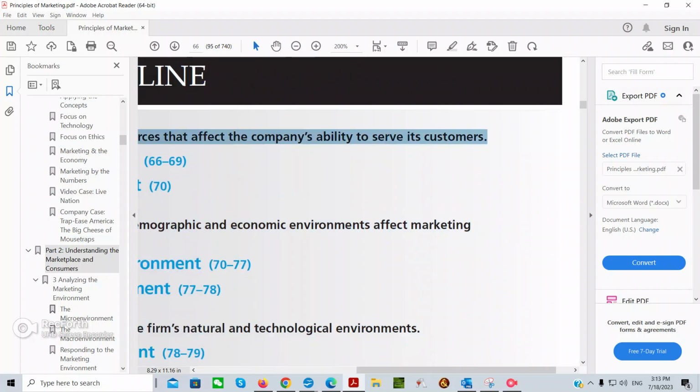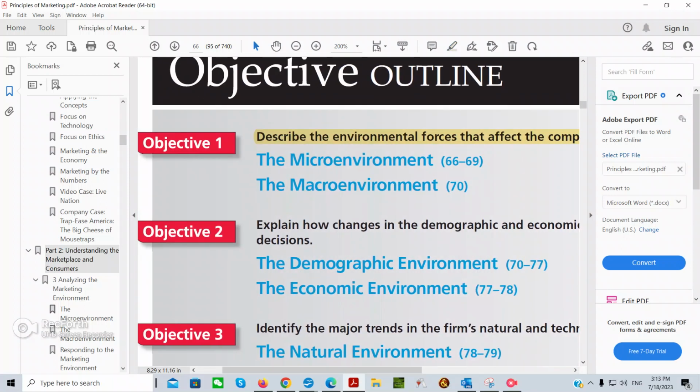These are your barriers to entry or limitations, more like limitations, although they could be barriers to entry if it's a political situation. And remember something, in the environmental forces there are 2 types. There's the microenvironment, there's the macroenvironment. Micro refers to a small environment, macro refers to a large environment. That's micro and macro.